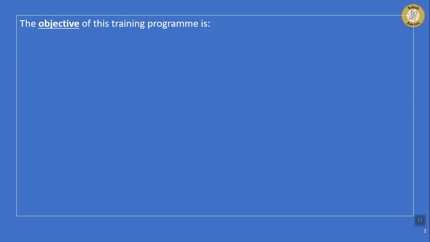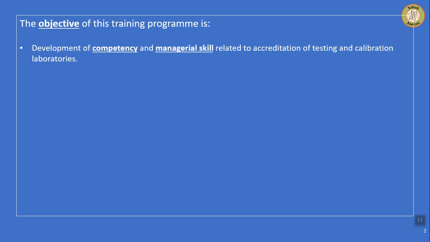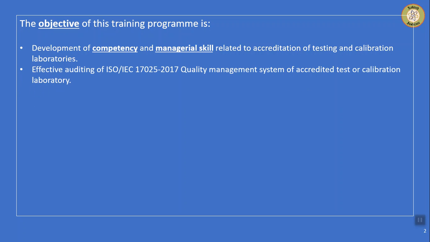Now let's see the objective of this training program. First of all, it is for development of competency and managerial skill related to accreditation of testing and calibration laboratories. And secondly, effective auditing of the ISO IEC 17025:2017 quality management system of an accredited test or calibration laboratory.